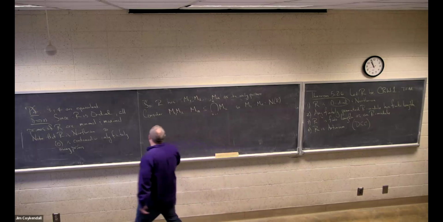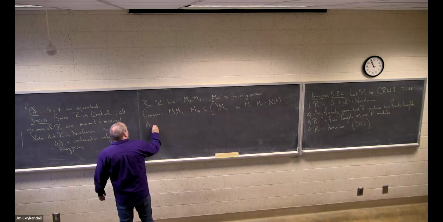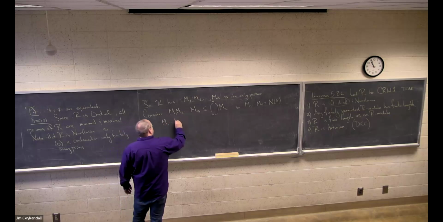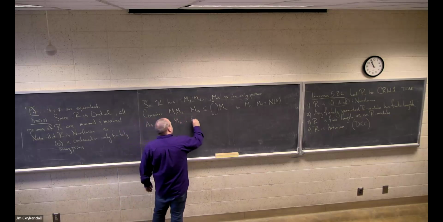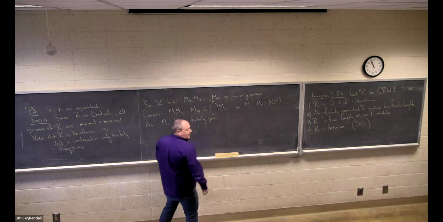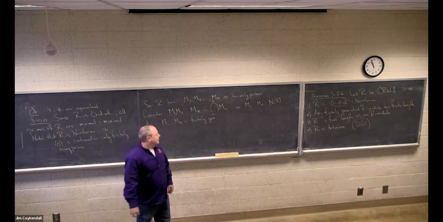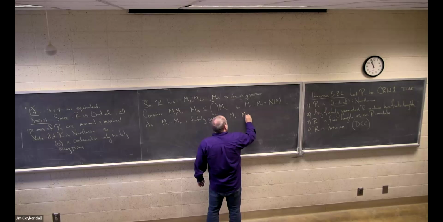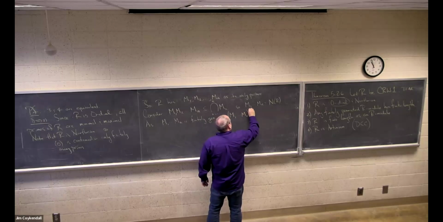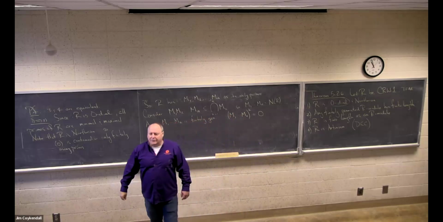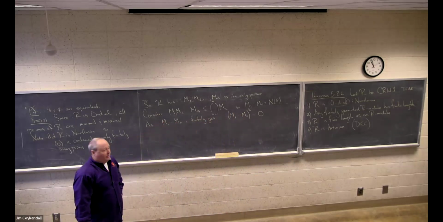As M1 up to Mn is finitely generated, again with the Noetherianness, there is a finite power of that ideal that is 0.